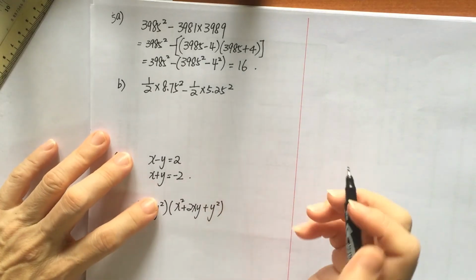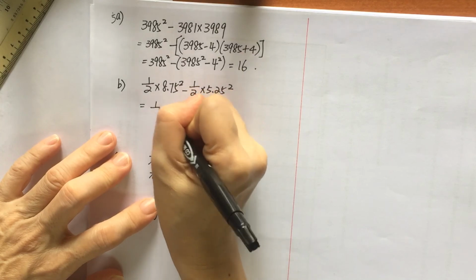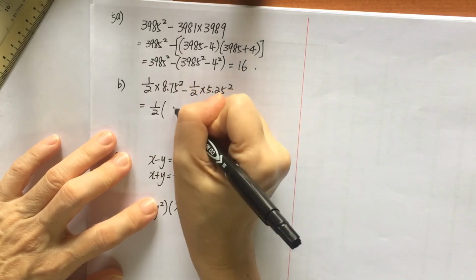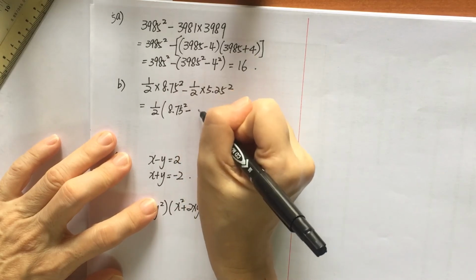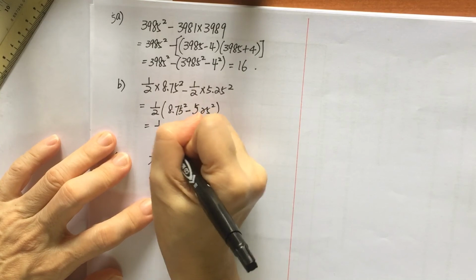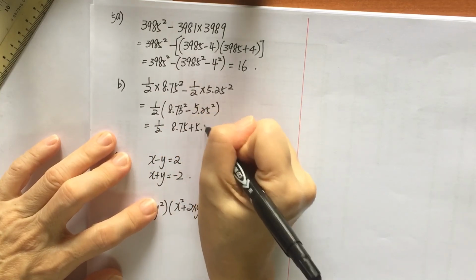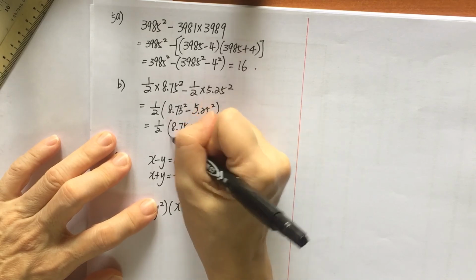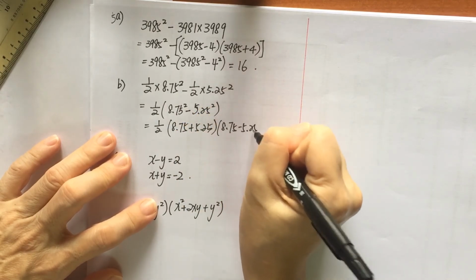Okay, next one. Still using algebraic law. So I take half out. When I take half out, I have 8.75 squared minus 5.25 squared. So I actually have 8.75 plus 5.25, and then the other one is 8.75 minus 5.25.